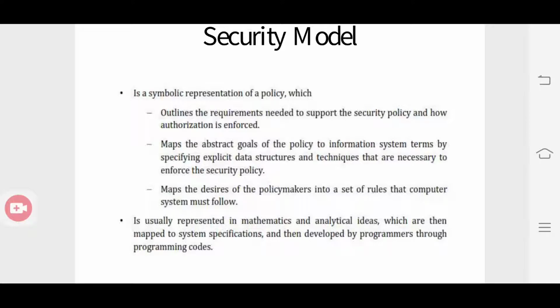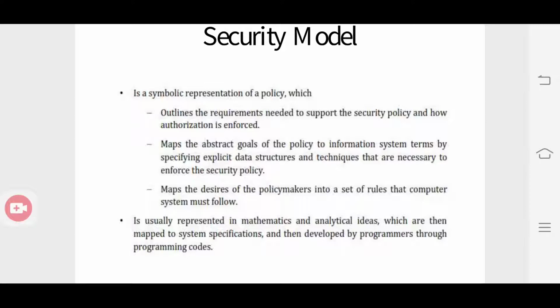It is usually represented in mathematics and analytical ideas, which are then mapped to system specifications and then developed by programmers through programming code. So we have security policy and we have security models for implementing this.